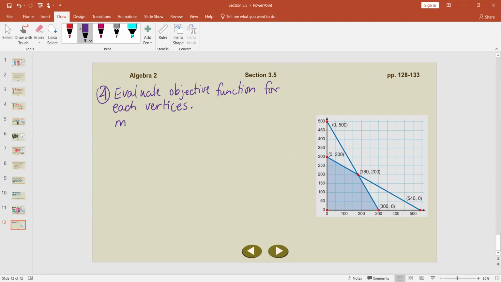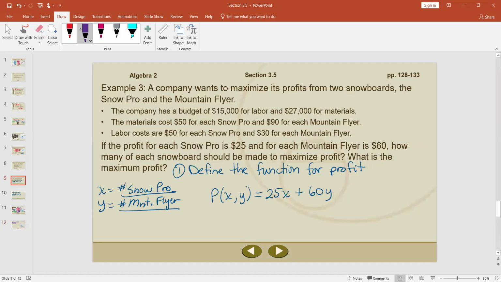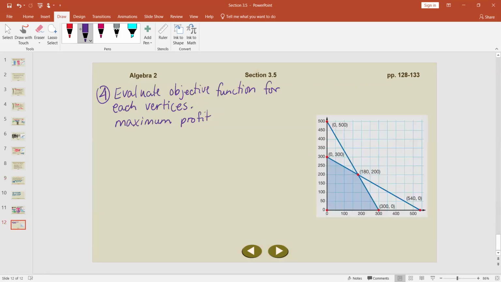Again, we're looking for maximum profit, and the formula was 25x plus 60y.